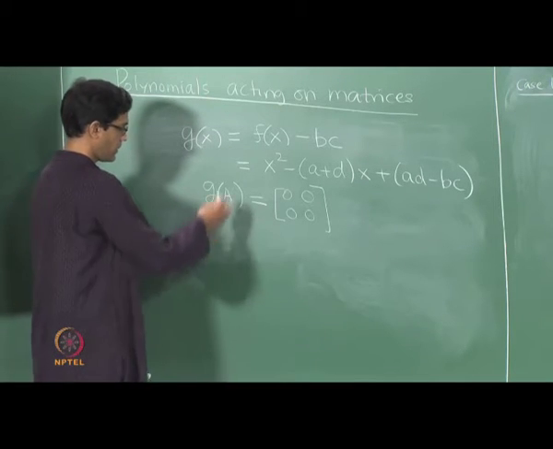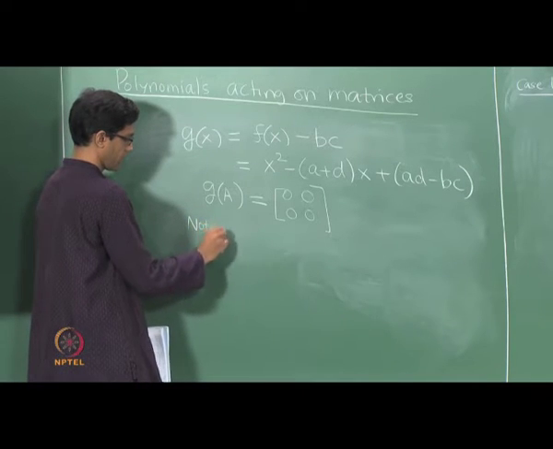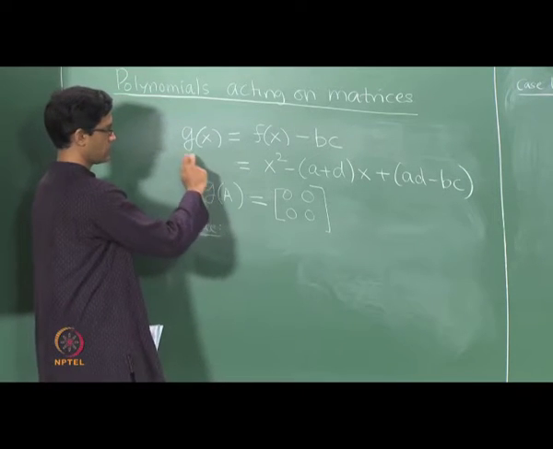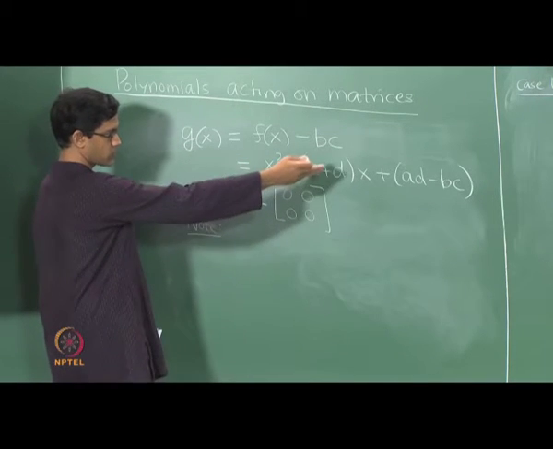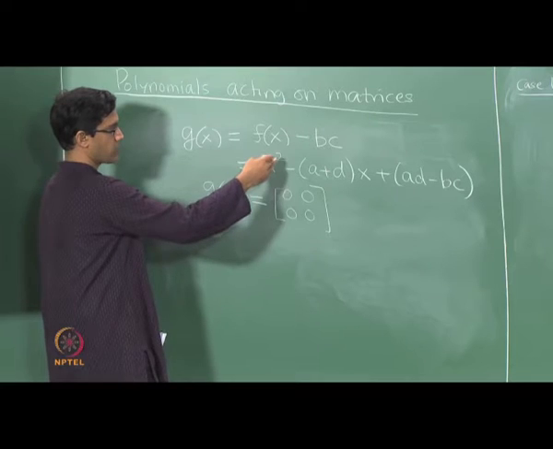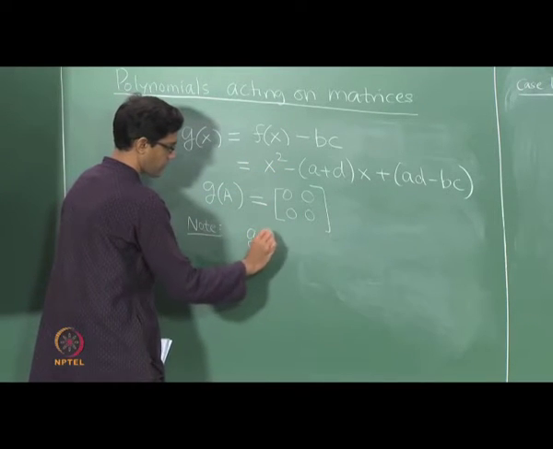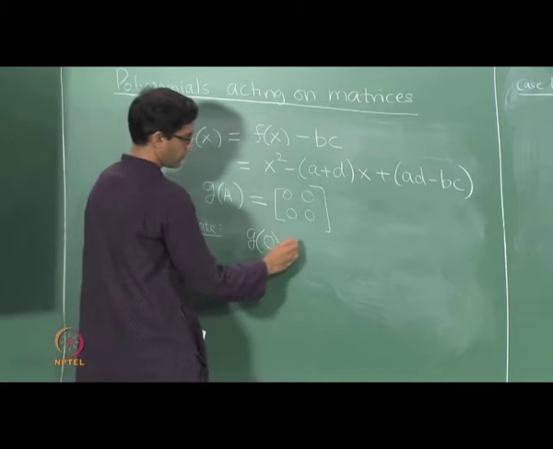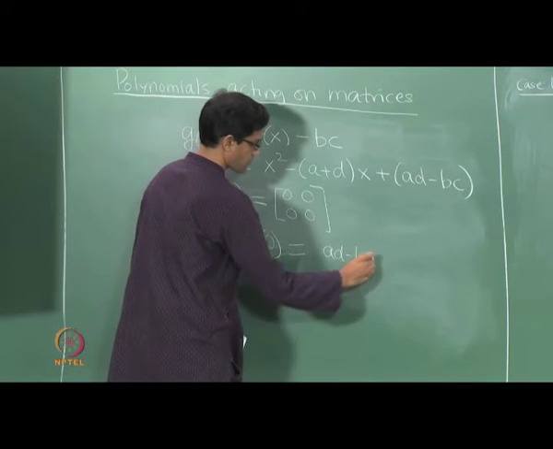So now here are a couple of points worth noting. If you take this polynomial g of x that we just wrote out and look at its constant term, meaning just look at what happens when you put x equal to 0, this just gives you ad minus bc.